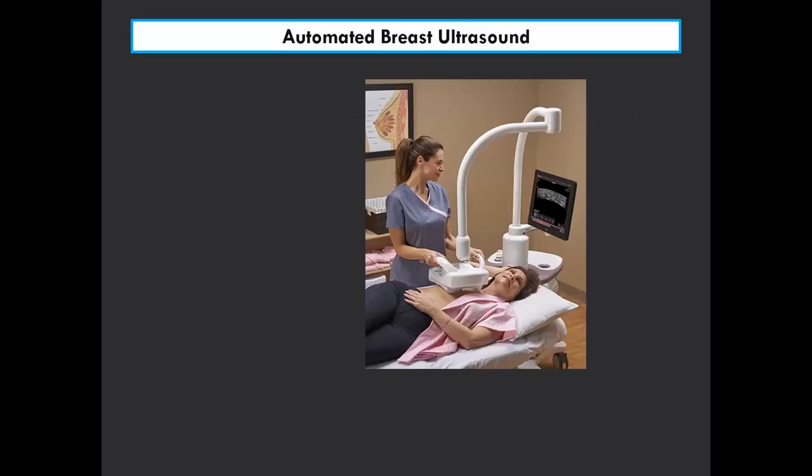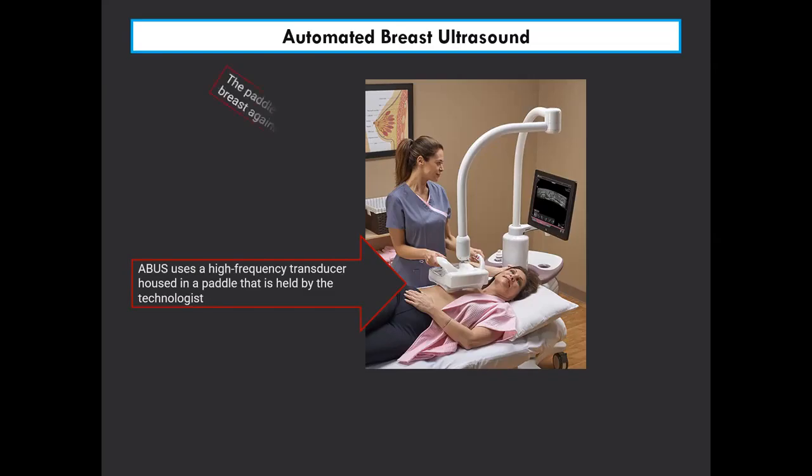During an ABUS examination, the patient lies supine, the same position as in the 2D ultrasound. But what's different is that it's not a probe which images the breast. It uses high-frequency transducers housed in a paddle that is held by the technologist, scanning the whole volume of the breast.